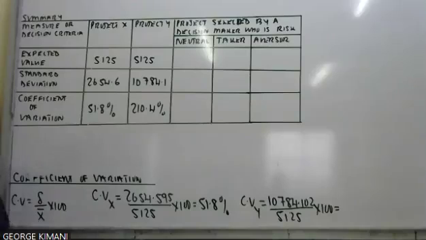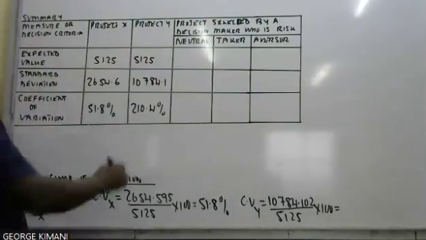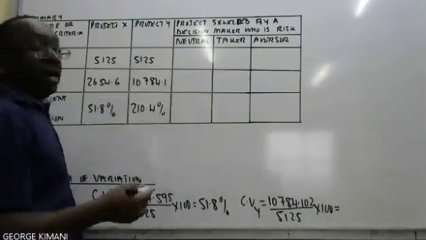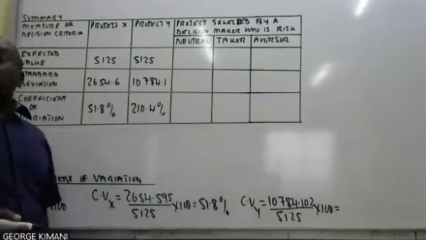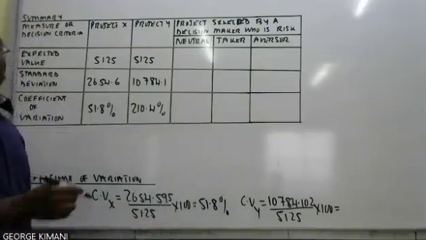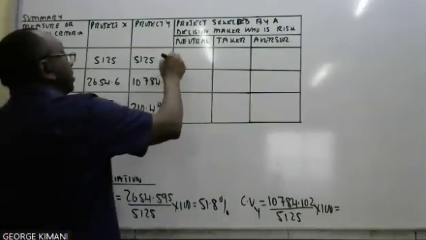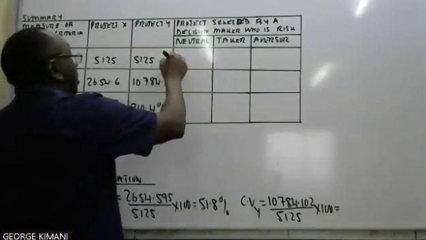The project selected by a decision maker who is risk neutral. Now, risk neutral people use the expected values in making decisions. They don't compute standard deviation, they don't compute CV. Here, because the values are equal, they are indifferent.